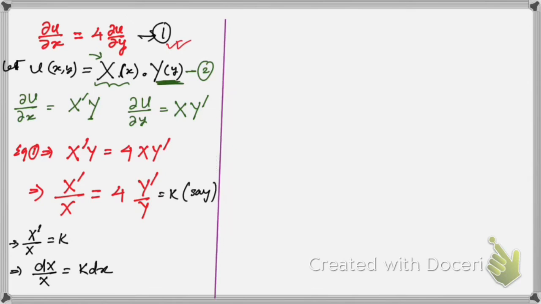Now you see, if you integrate this, then you will get log of capital X is equal to k, which is constant, and the integration of dx is x, plus log of c1, which is the constant. So again, if you solve this, then you will get the value of capital X is e to the power c1 into e to the power kx, right?